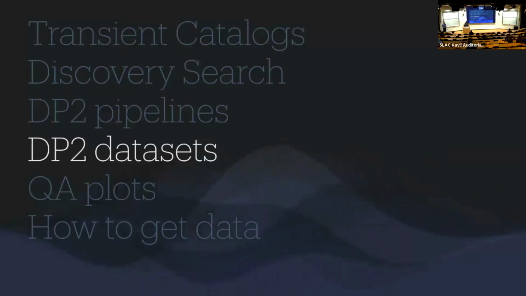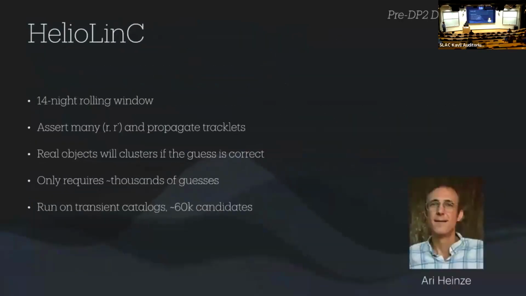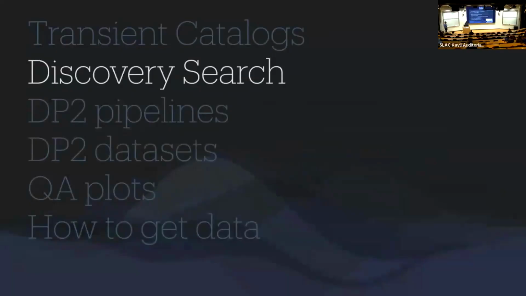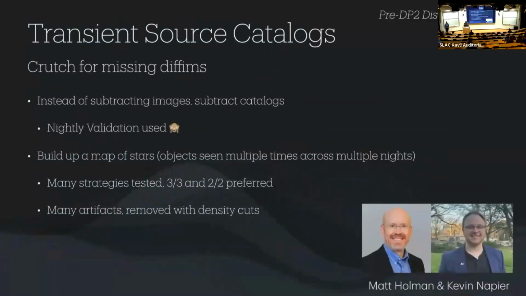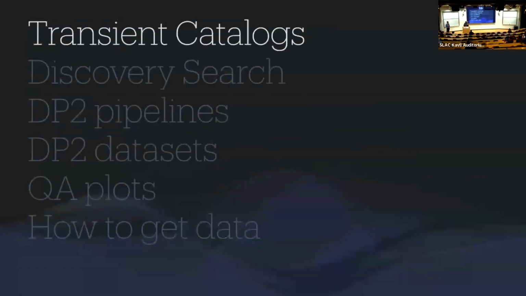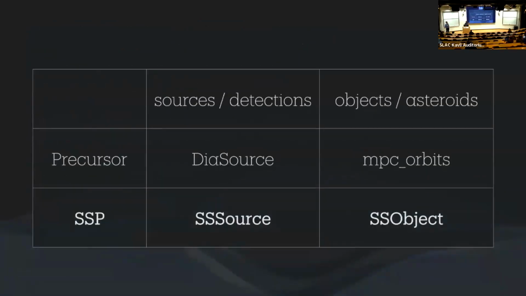I was just confused because it gets a little complicated, because you have the other discovery search, which was running in places which wouldn't require templates. Yeah, so we have data in the Minor Planet Center that is not DP2 SS sources. I think you have to start thinking about SS sources as a release-only thing.